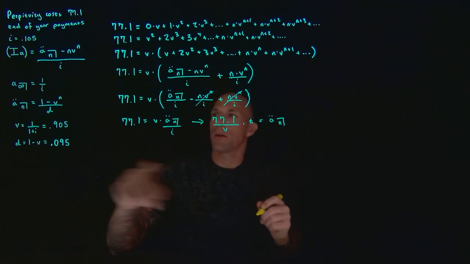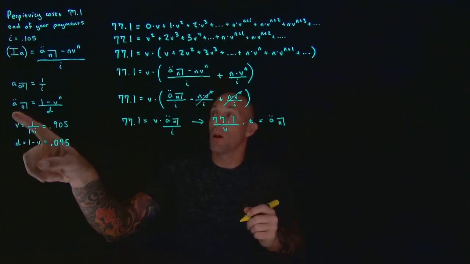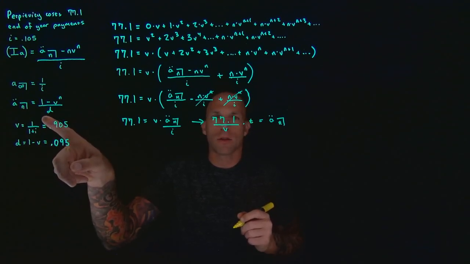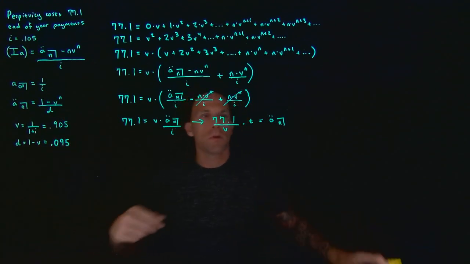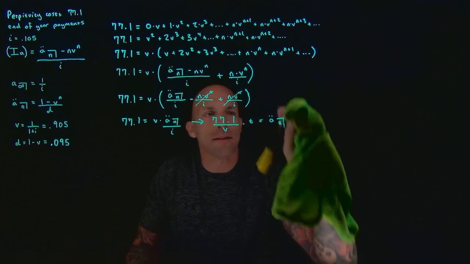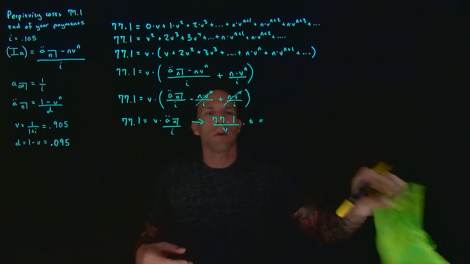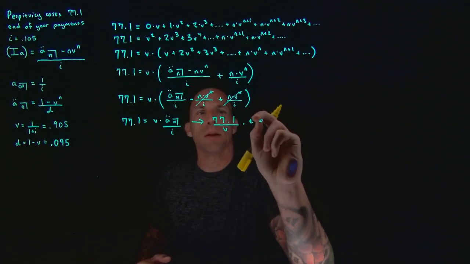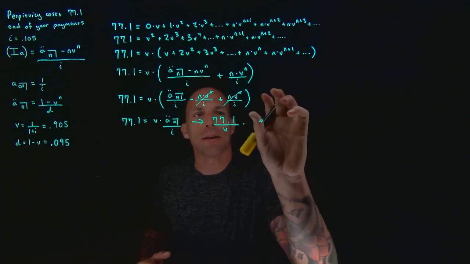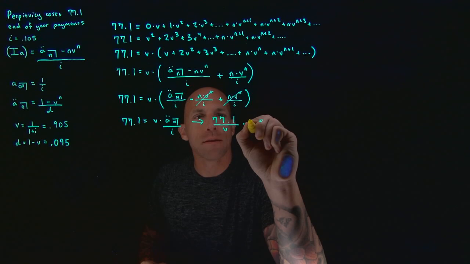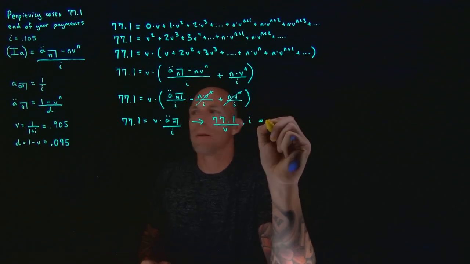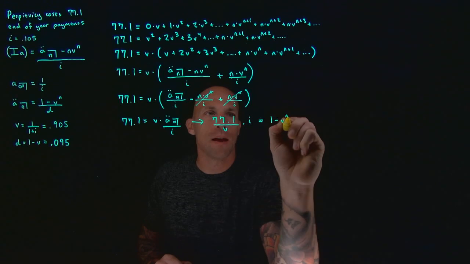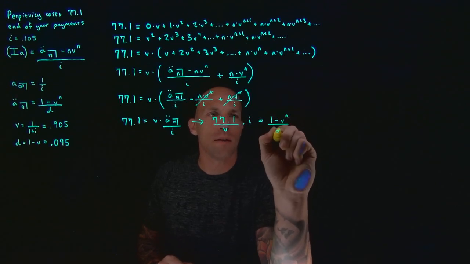But of course, this annuity due can be rewritten as such. So instead of writing the annuity symbol, let's rewrite it as 1 minus v to the n over d.